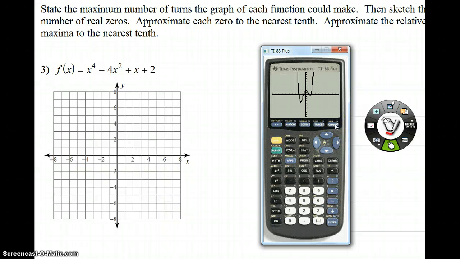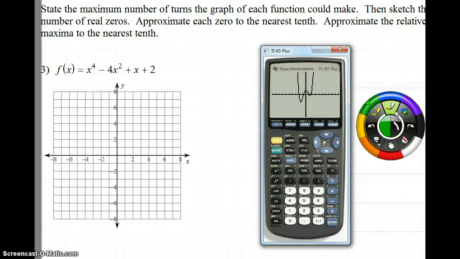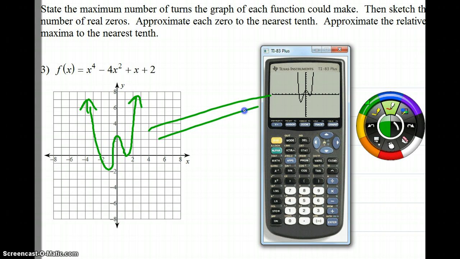So how am I going to connect all these dots? I'm going to get some dots, look back at my graph, and then I can connect it with a smooth curve. So now my graph looks almost like my graph on my calculator.